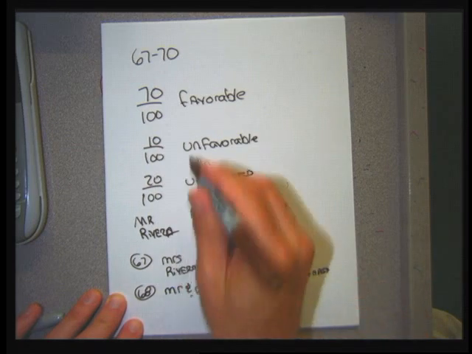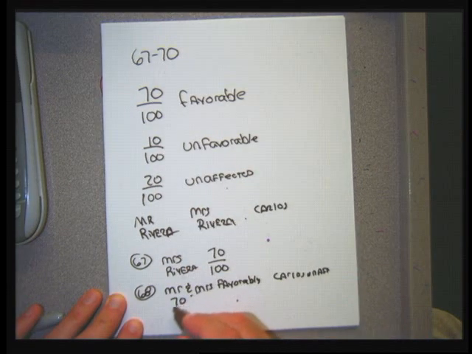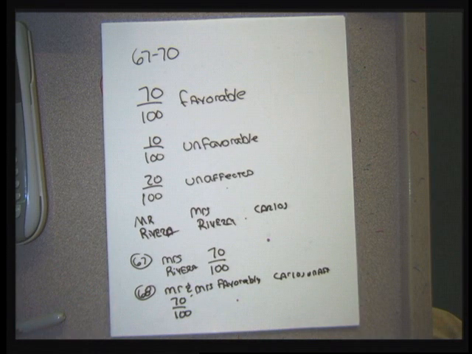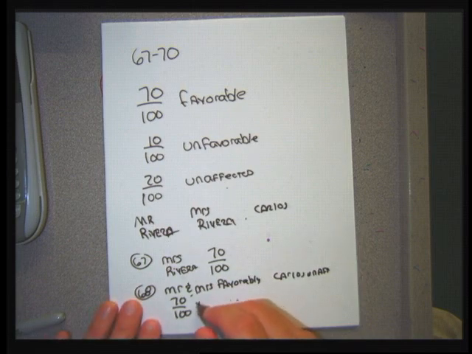The probability that Mr. Rivera reacts favorably is 70 over 100. If this was an in-class test question and you showed your work and you incremented down, I wouldn't take points off. So if your next fraction was 69 over 99, I'm not going to be that picky. If I see that, I'm not going to take points off.